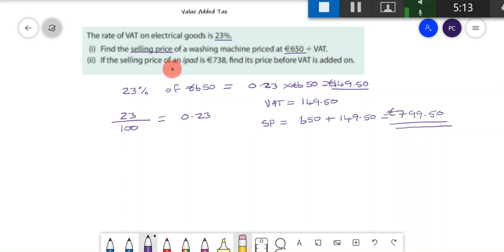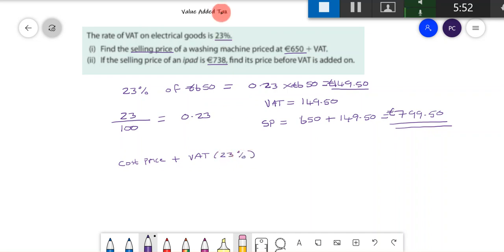Now the next part, part 2, says: if the selling price of an iPad is €738, find its price before value-added tax is added on. So this price here includes the cost price plus the value-added tax, which is at 23%.